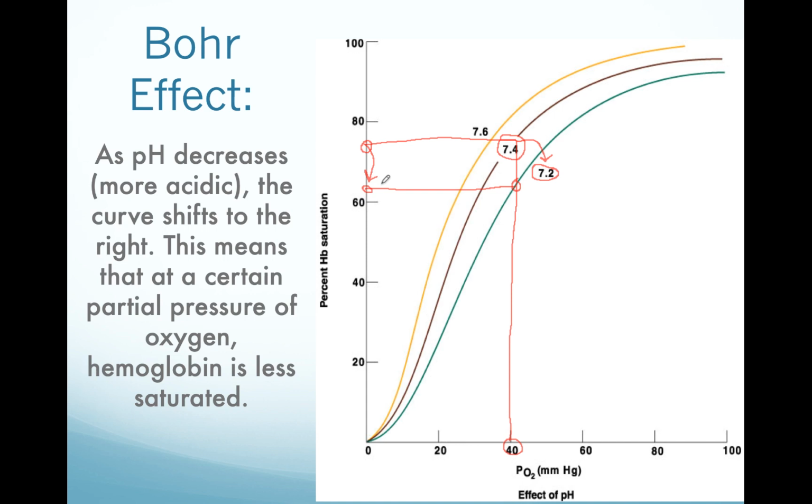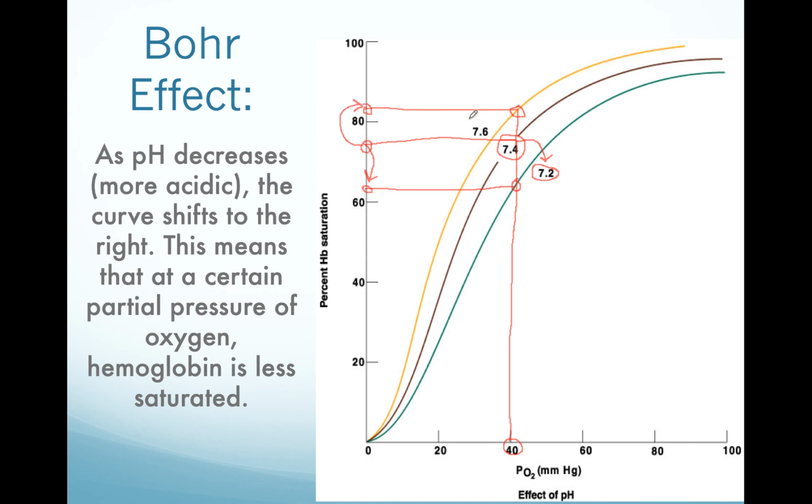As hemoglobin saturation decreases, that means less oxygen is bound to hemoglobin, which usually means more oxygen is being released to the tissues. Now, if I extend this line higher, we see that it hits my more basic pH right here, and it increases my hemoglobin saturation to about 85. So as your blood pH becomes slightly more basic, the hemoglobin saturation increases.